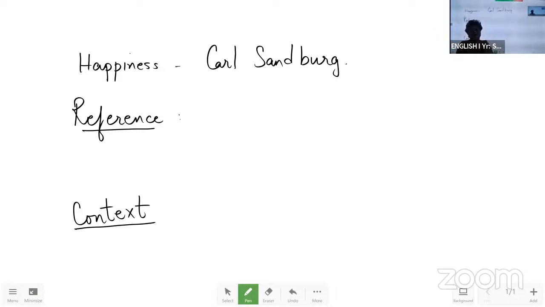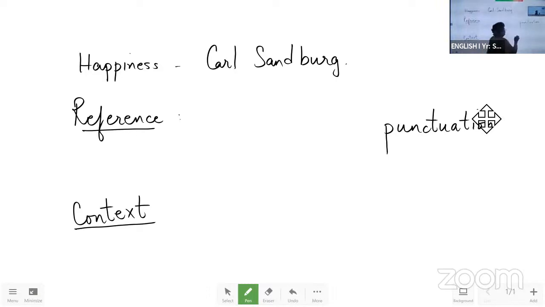And please, when you write this, keep in mind the punctuation, capital letters. This is where most of the children lose marks. Names of persons, places, all the name of the book, poem should be in capital letters. And when there is a full stop, begin with a capital letter.